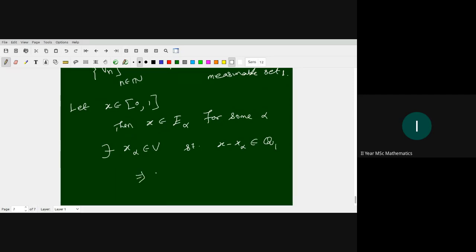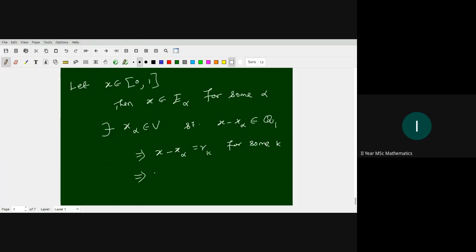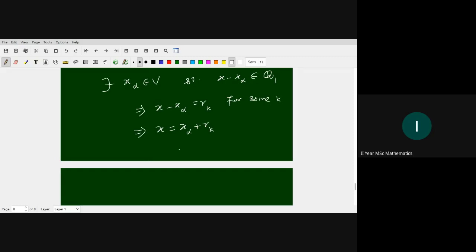Since Q1 is enumerated as R1, R2, ..., Rn, x minus x alpha equals Rk for some k. So this is rewritten as x equals x alpha plus Rk, which means x belongs to V plus Rk, that is Vk.